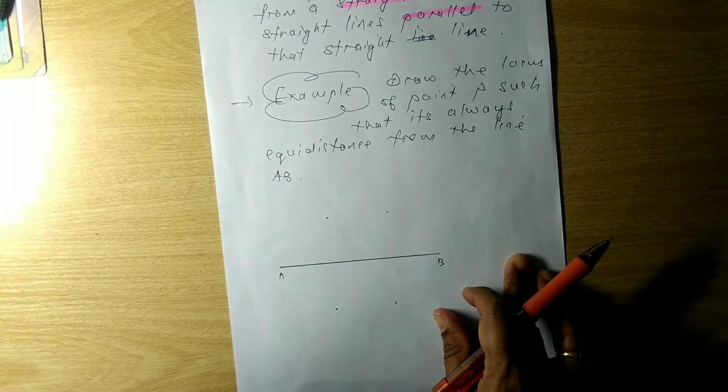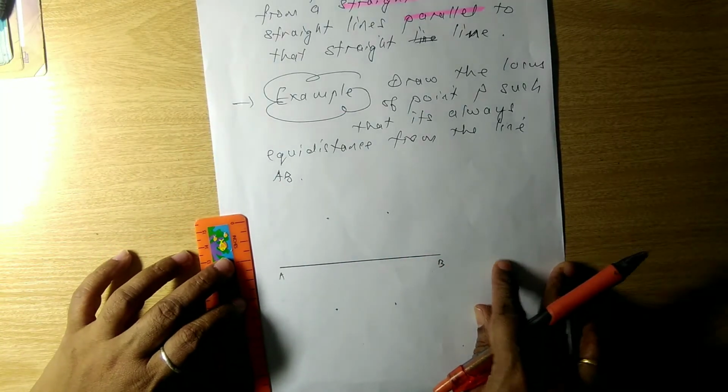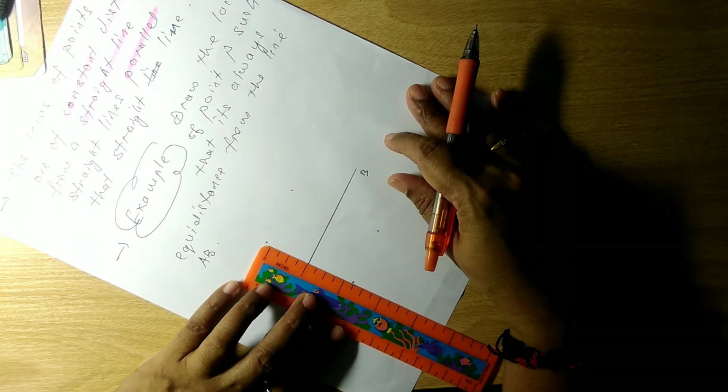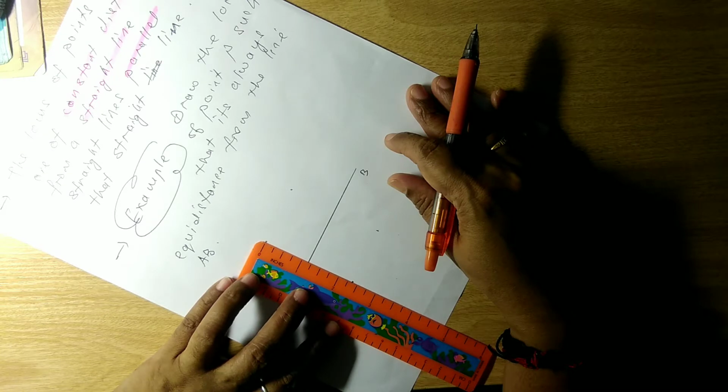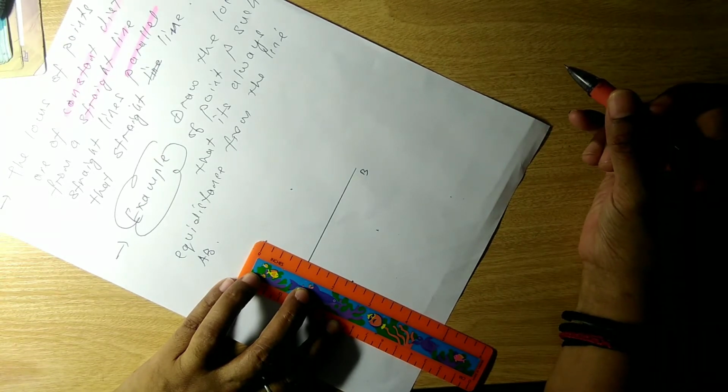So now let's say this is my line AB, and I've got a point P which is actually moving, which is about 2.8 cm on both sides of the line.